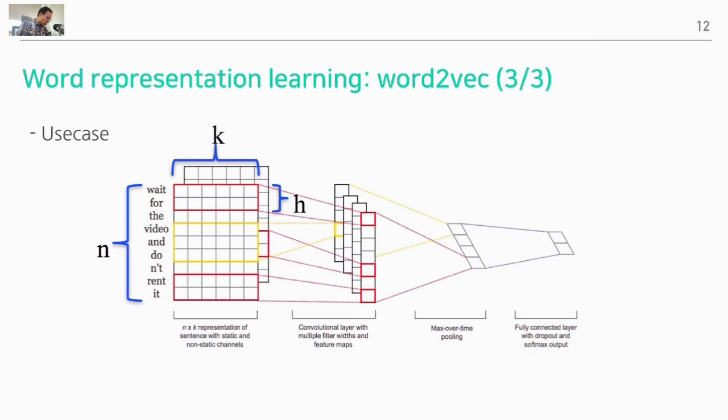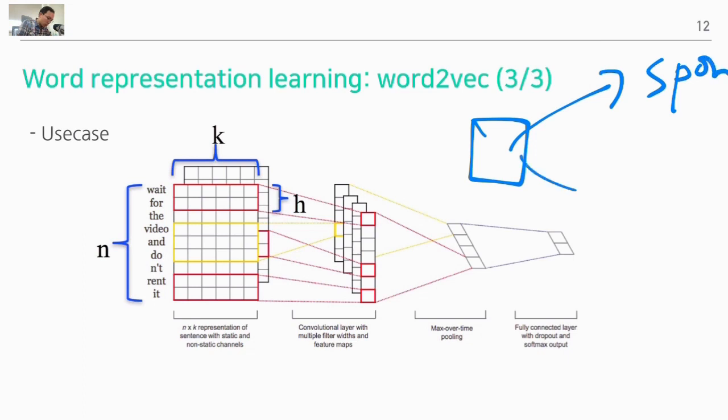The representation learned from word2vec could be used for document classification. Document classification is when we have a news article and our intention is to determine whether this article is a sports news article or an entertainment news article.